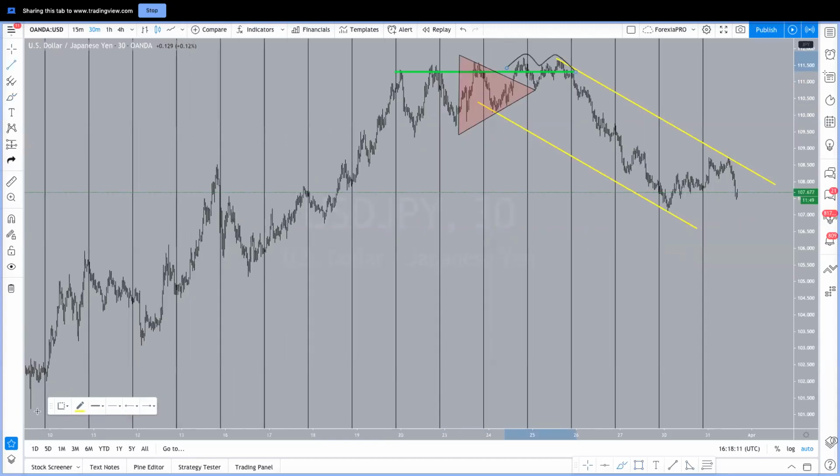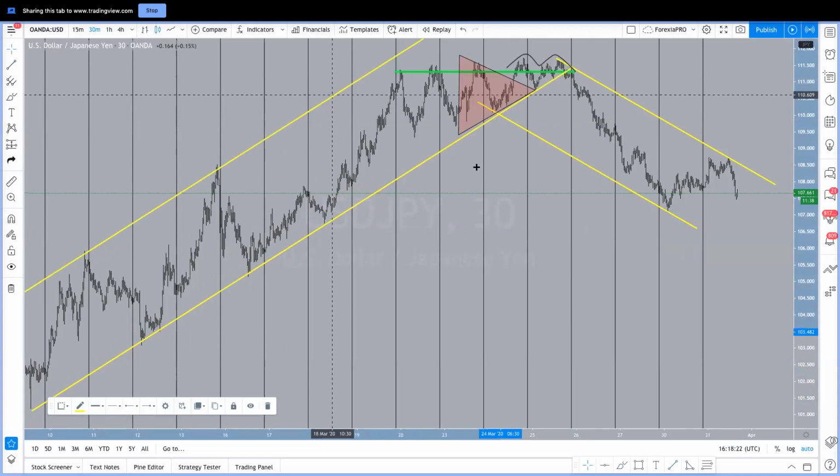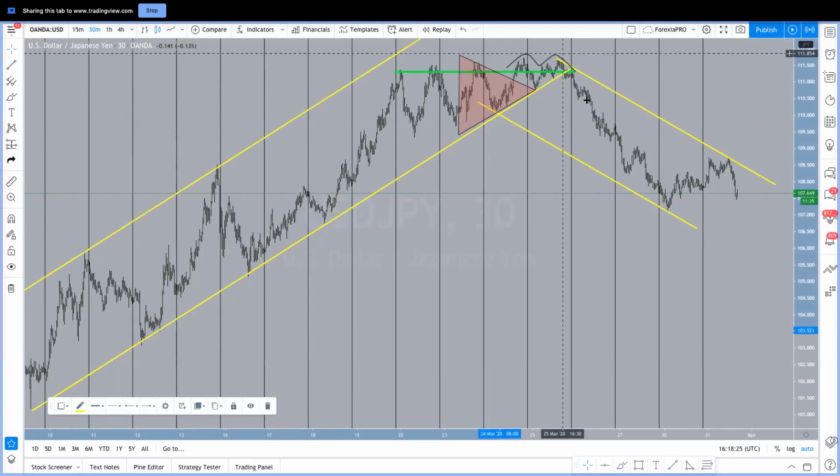We had previously been in this trend. Now we are seeing that trap and change of direction down from here.